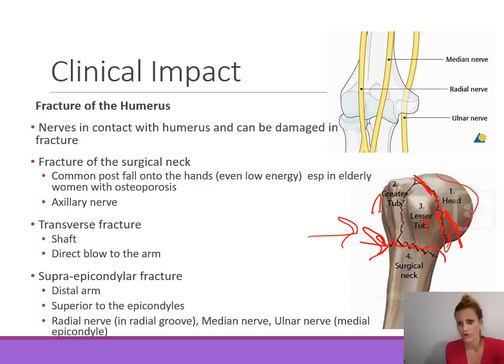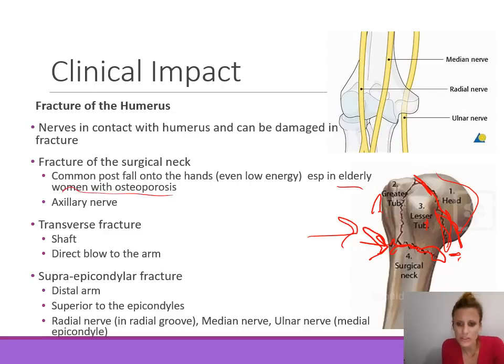Okay, so number 4 is showing you a fracture of the surgical neck. The surgical neck is thinner, right? It's not as thick of a bone, and that is more commonly fractured than the anatomical neck up here. The surgical neck is commonly fractured in elderly women with osteoporosis.